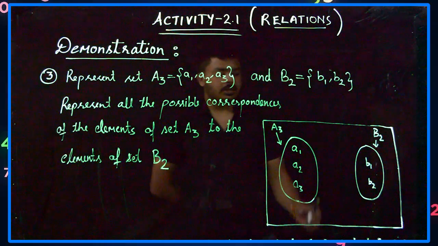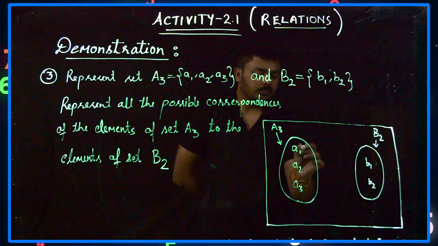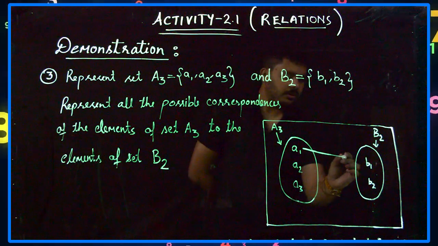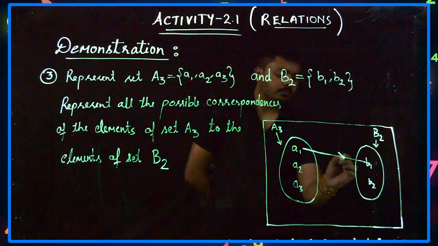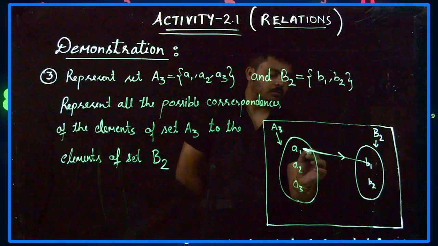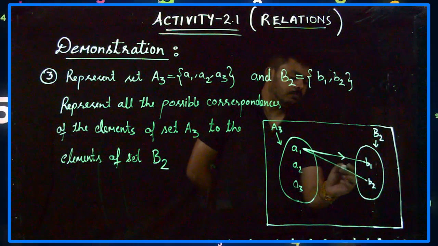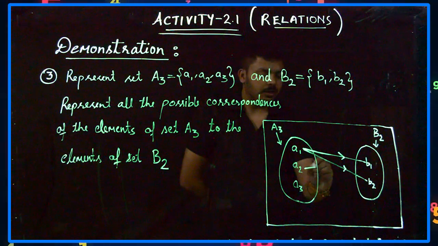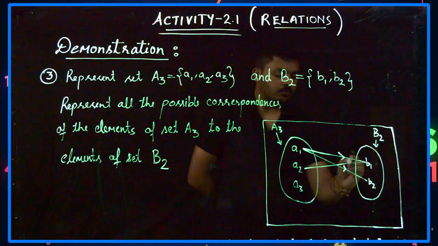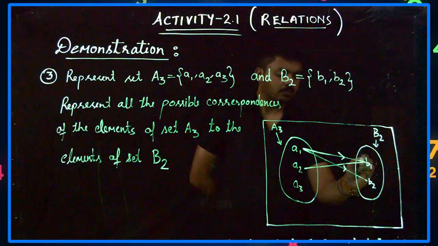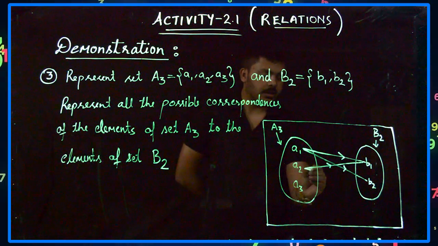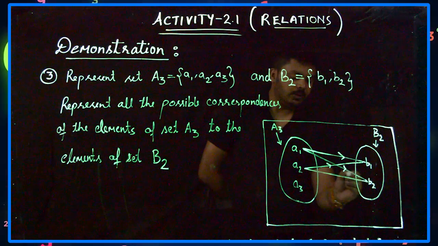So the possible relations that can be formed, or the possible correspondences, are A1 B1, A1 B2, similarly A2 B1 and A2 B2.